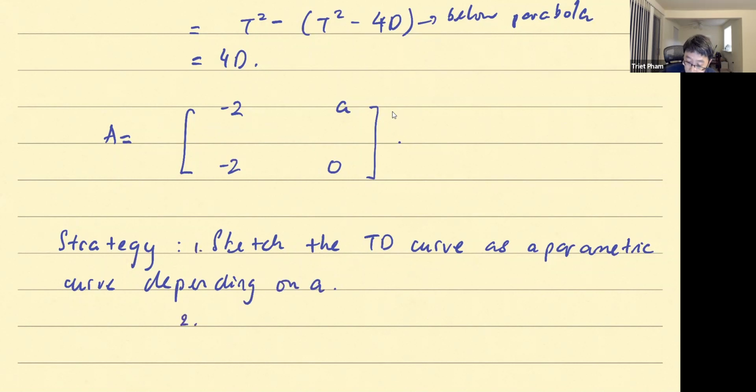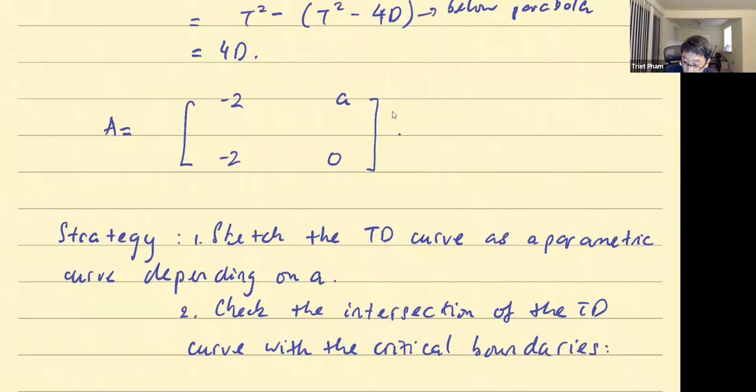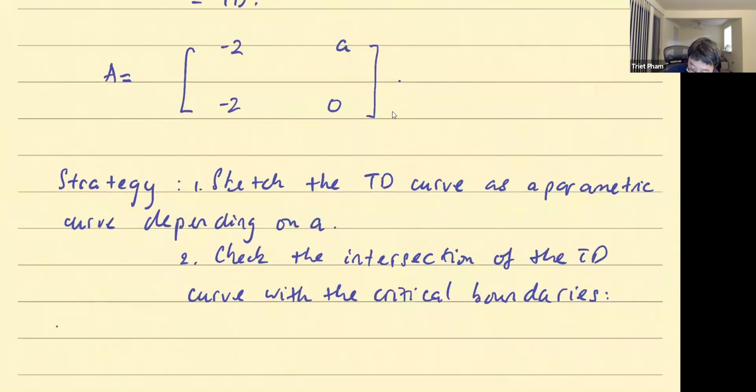Step 2 is you check the intersection of the TD curve with the critical boundaries. How many critical boundaries do we have? The parabola.